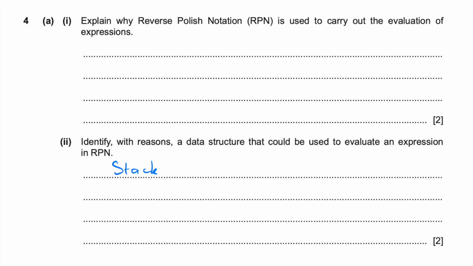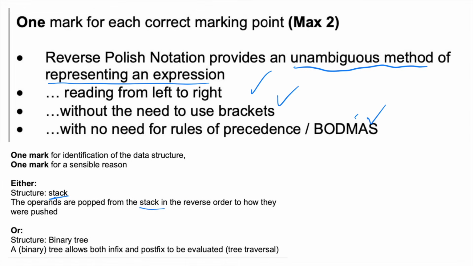The reason for that is just that the pushing and popping of operators and values onto the stack closely corresponds with the process of RPN. And that's sort of the answer we have right here. The operands are popped from the stack in the reverse order to how they were pushed, and this basically mimics the order of reverse Polish notation.